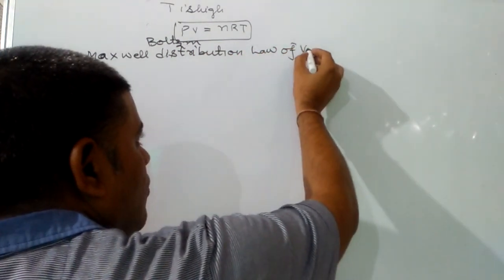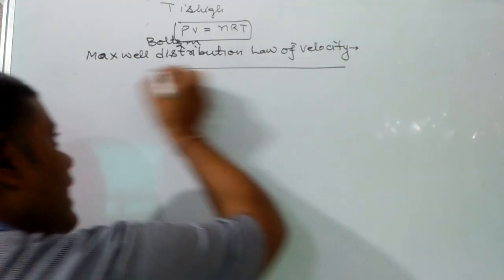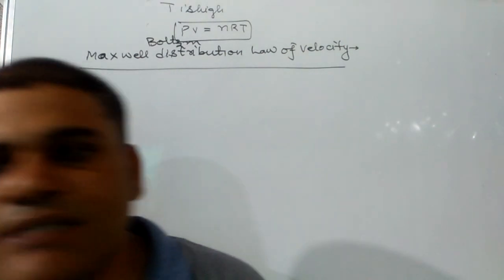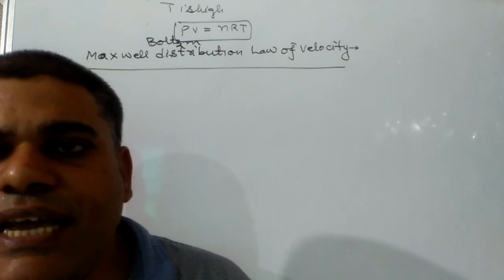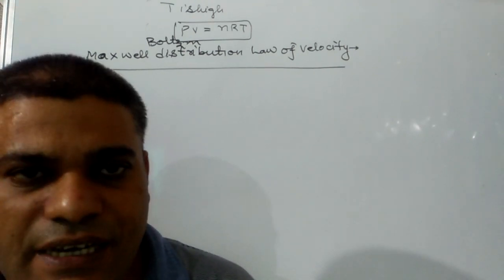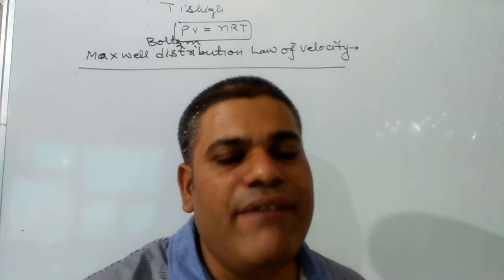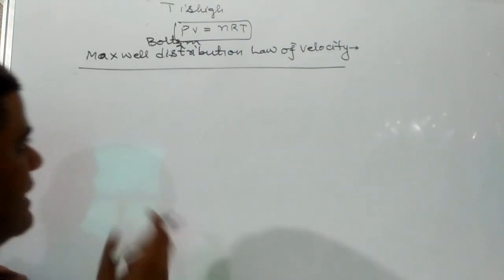Maxwell distribution law of velocities. It is a very important topic, and it shows the number of gas molecules having velocity between C and C plus dc.